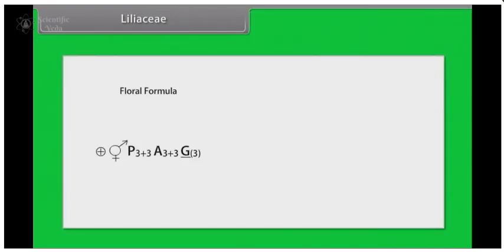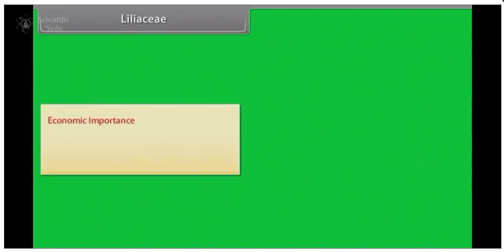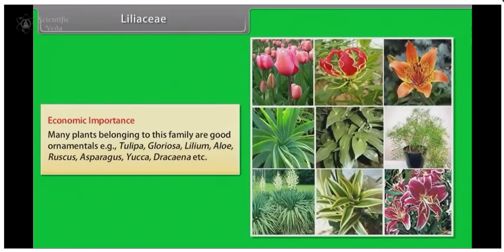Floral formula is shown, and this is the floral diagram. Economic importance. Many plants belonging to this family are good ornamentals. For example, Tulipa, Gloriosa, Lilium, Aloe, Ruscus, Asparagus, Yucca, Dracaena, etc.